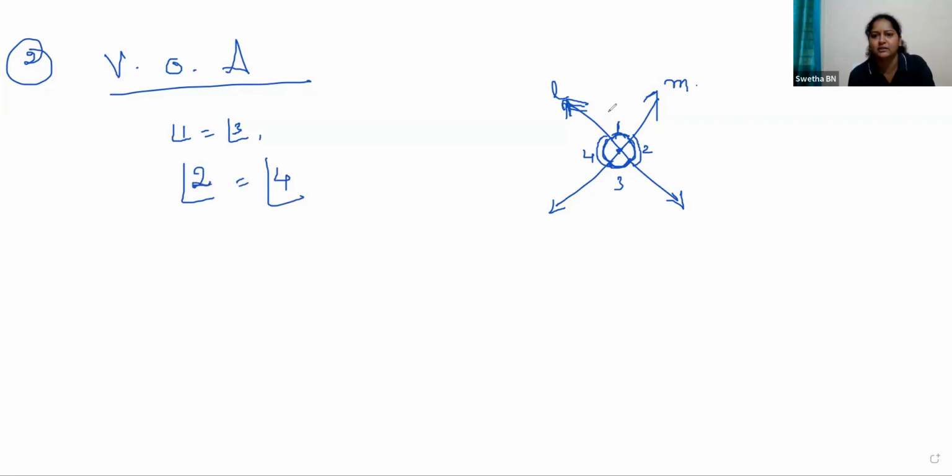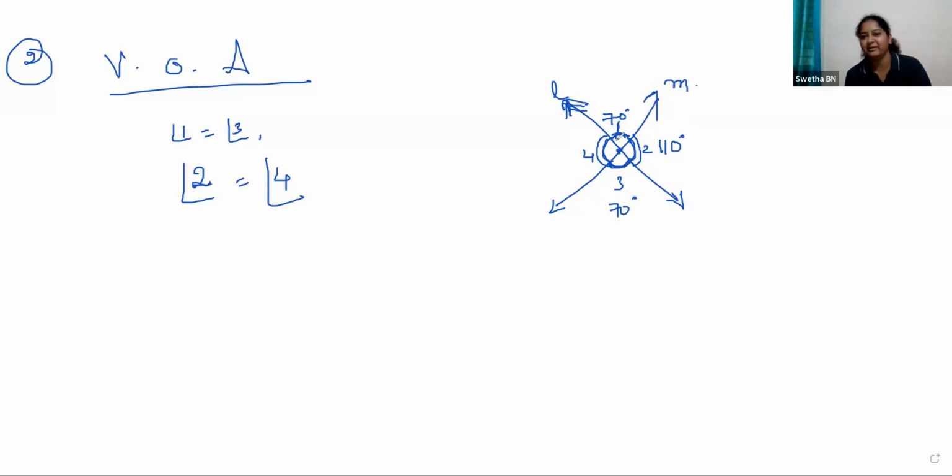Suppose it is 70 degree, can you tell me the remaining angles? What is 3 here? Ma'am, 3 is 70 degree and 2 and 4 are 110 degree. Very good. How will you get 110 degree?